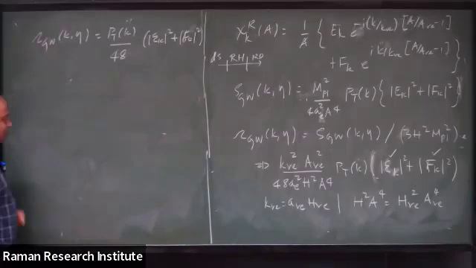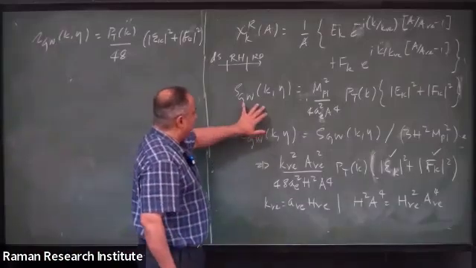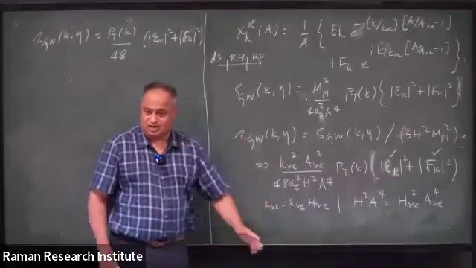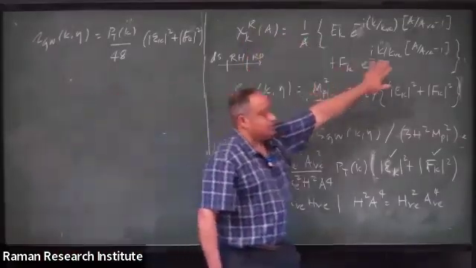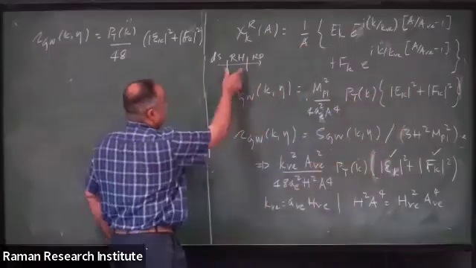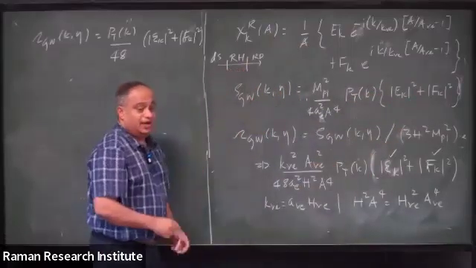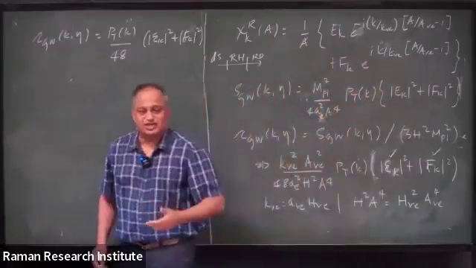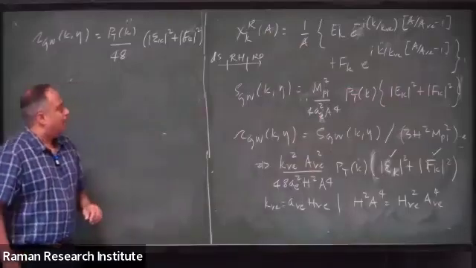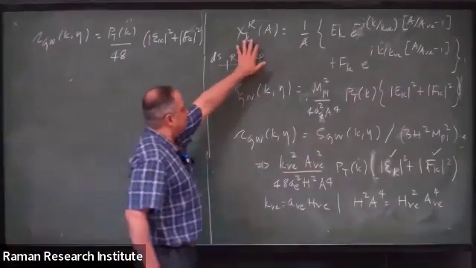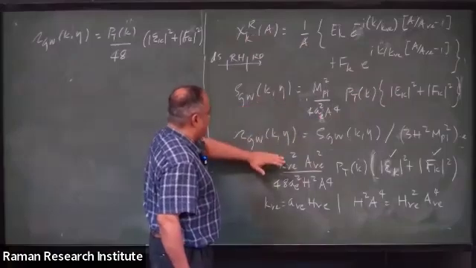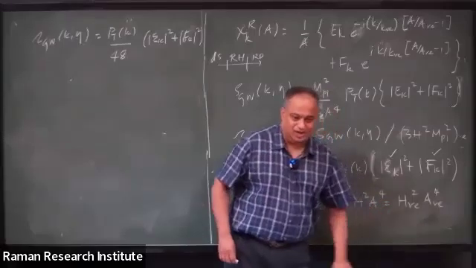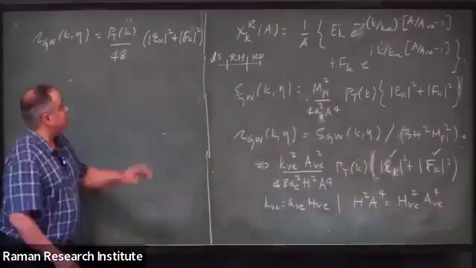Let me explain what I have done again. I can calculate rho_GW of k, eta during radiation domination. During radiation domination, this is the solution. Whether it's instantaneous reheating or there is an epoch of reheating, that is going to change E_k and F_k. It's just going to change the conditions on chi. So using this solution, I can construct omega_GW at late times during the radiation dominated epoch, and it has this structure.